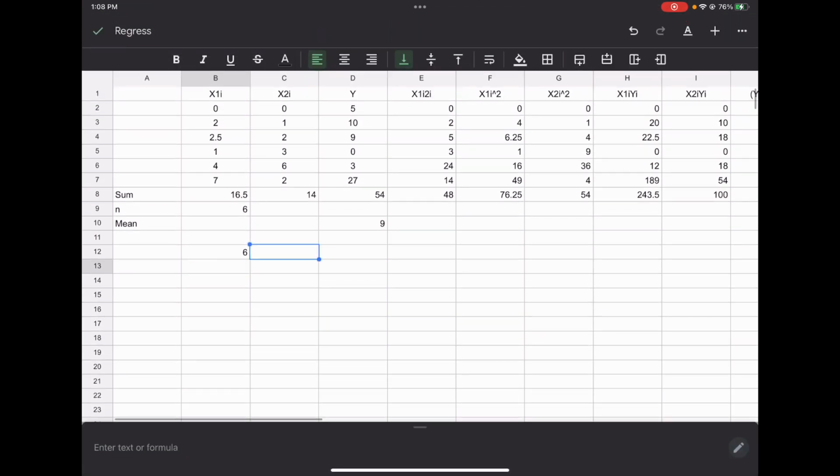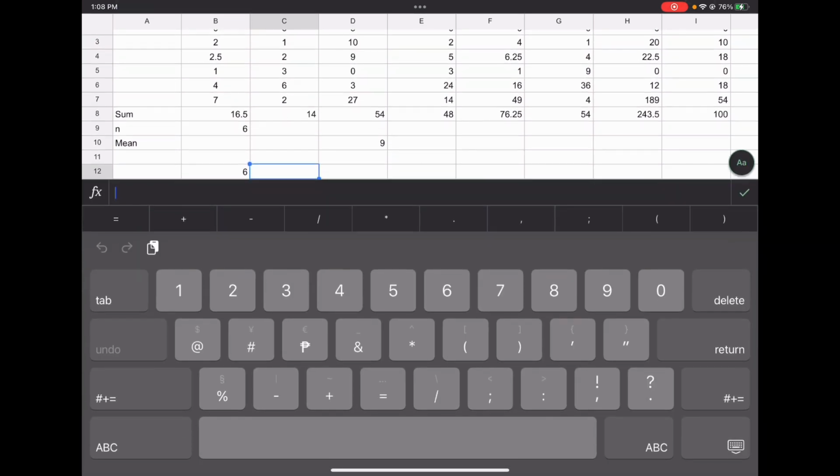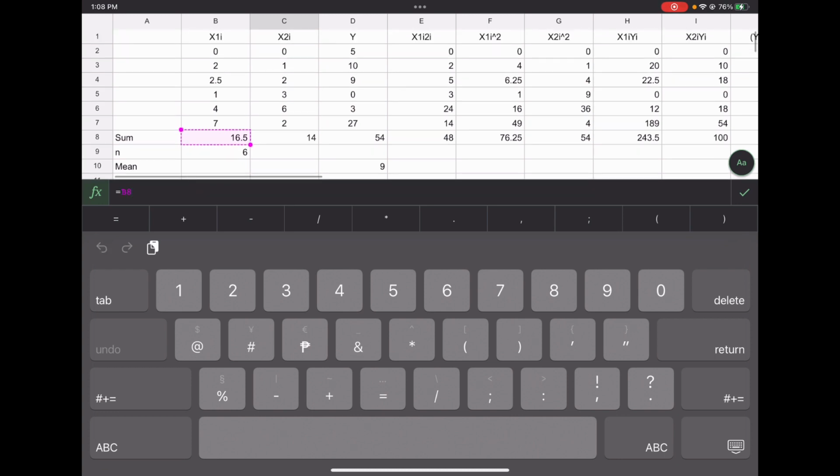And then what I want would be the summation of x sub i, which is equal to this. This is the summation of x sub i, correct?